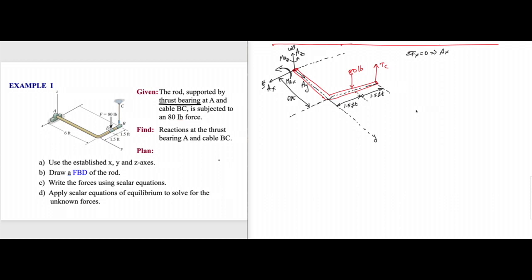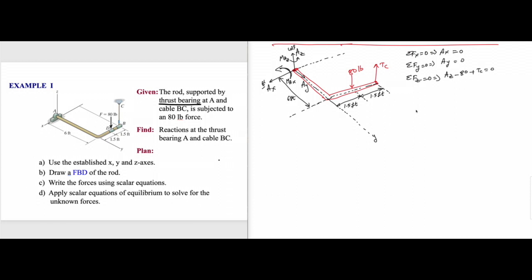So Ax is equal to 0. Then sum of all the forces in the y should be 0, implies give me all the forces in the y. Ay is 0. Just Ay is present along the y direction. Sum of all the forces in the z equal to 0 implies all the forces in the z are Az, negative 80, positive Tc is 0. That's it, right?